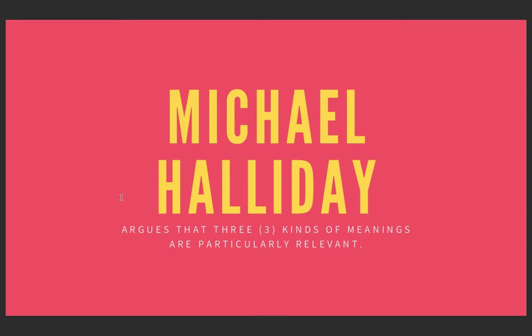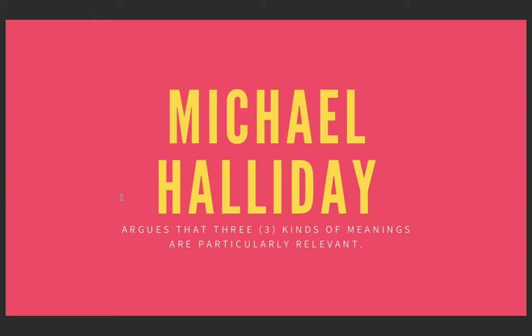And I think you are familiar with him, because in the introduction to linguistics, he discussed the functions of language, particularly the heuristic, the expressive, and so on. So in functional grammar, he argued that there are three kinds of meanings that are particularly relevant. In short, he discussed the usage of language in general terms.